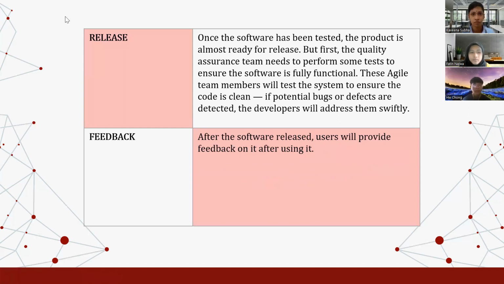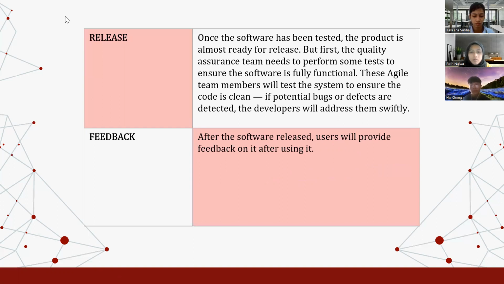Thank you, Fatin. Next, I want to talk about the release. Once the software has been tested, the product is almost ready for release. But first, the quality assurance team needs to perform some tests to ensure the software is fully functional. This agile team member will test the system to ensure the code is clean.